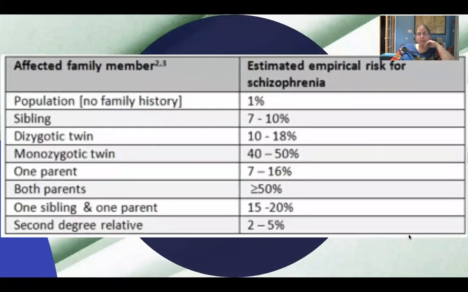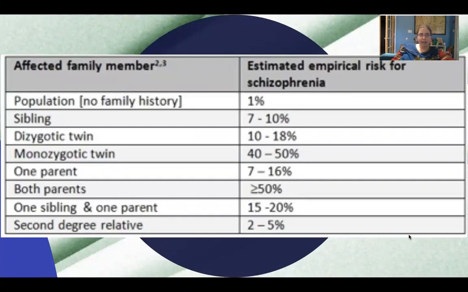And here's another one. This is for schizophrenia. So if there is no family history of schizophrenia, then a person will only have a 1% chance of developing it. If they have a sibling who has schizophrenia, then they have a 7 to 10% chance of developing it.